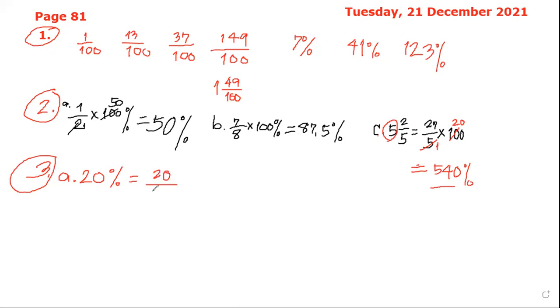Lowest term. We can cancel out 0, and then you have 2 over 10. 2 and 10 divided by 2 is 1 and 5. So that is equivalent to 1 over 5 in lowest term.